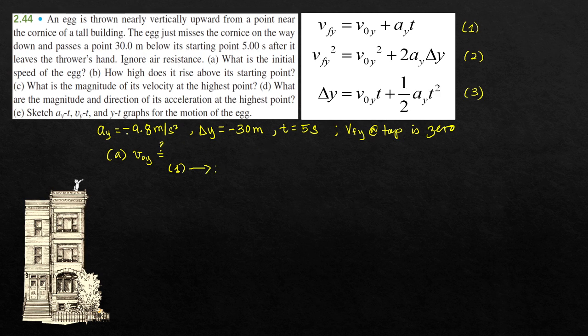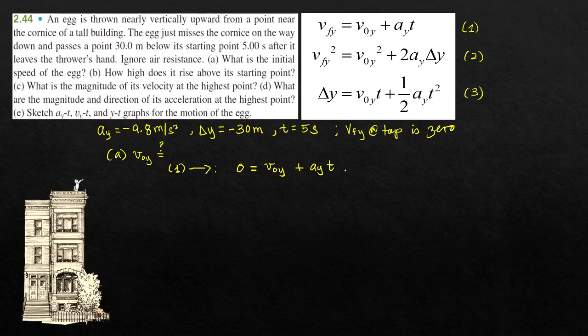and we plug in all the given. So we have 0 equivalent to the unknown, which is the initial velocity, plus ayt.